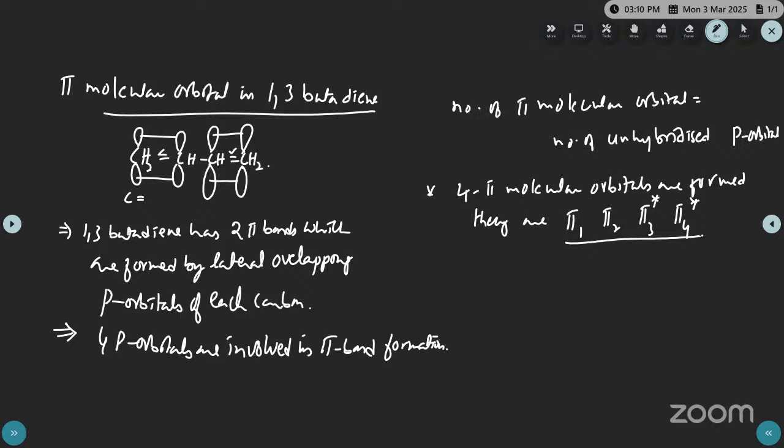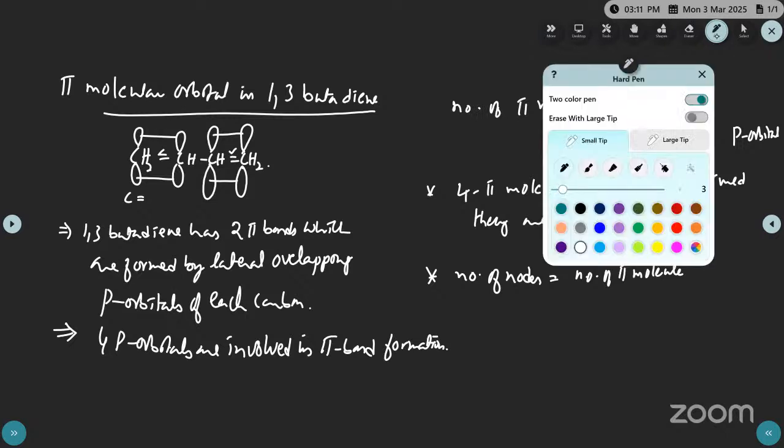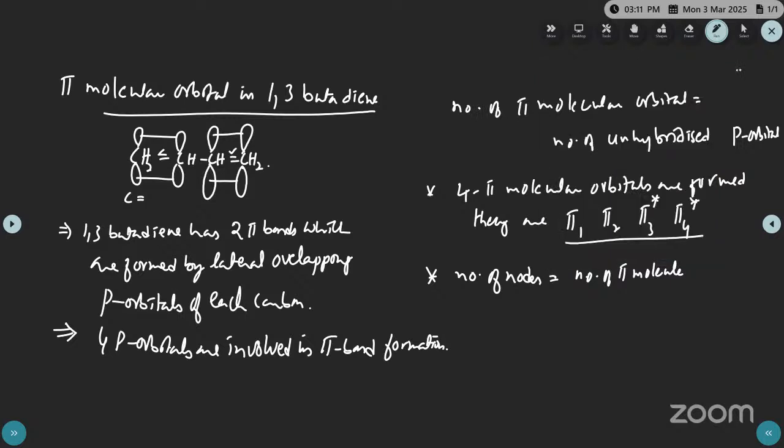The number of nodes is equal to the number of the pi molecular orbital minus 1, for planar structures. Only for the planar structure can you follow this formula.